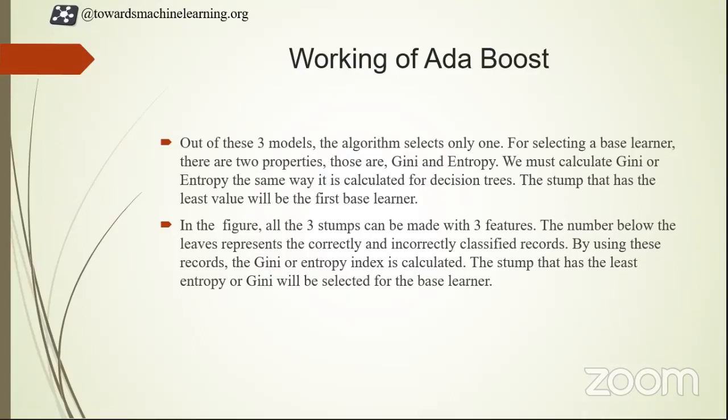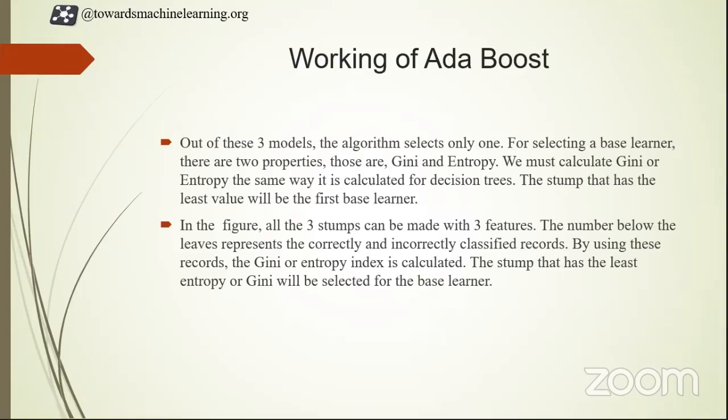We can easily calculate these figures. After calculating the Gini impurity or entropy, the stump that has the least value we will select as our first base learner.